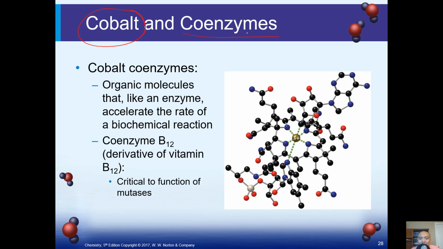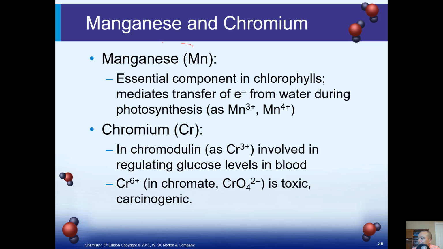For example, the coenzyme B12 is a derivative of vitamin B12 and contains cobalt. This is critical to the function of mutases. Mutases are the enzymes that catalyze the rearrangement of molecular skeletons.